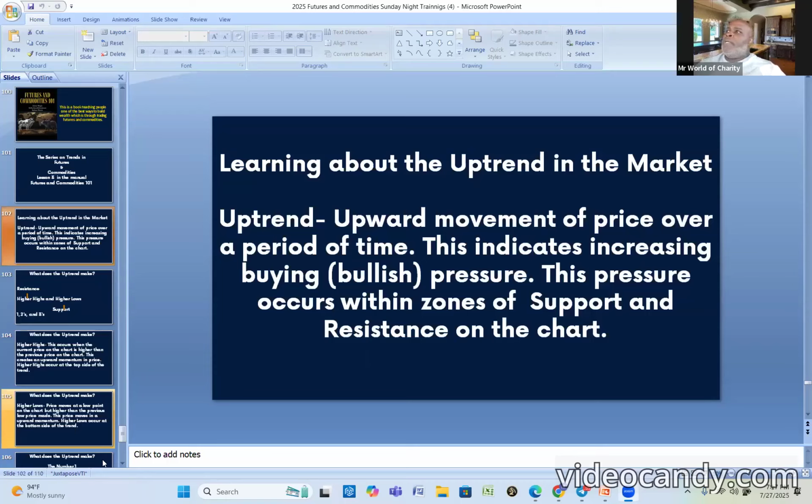And that's how we can identify, using what we just got through covering, the trend line. We see when we're in an uptrend by drawing the trend lines on the chart, and we'll be able to see that we are in an uptrend. The most important thing to remember is that buyers are in control. That's why we are trading to the upside instead of the downside.